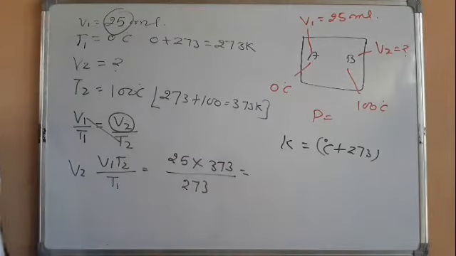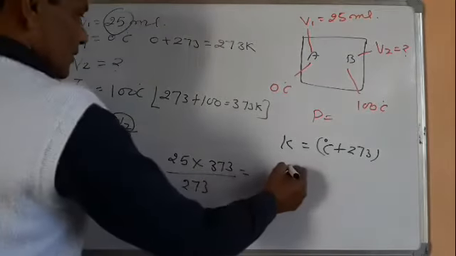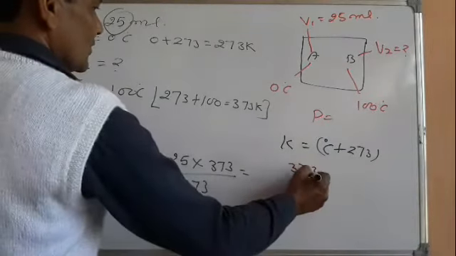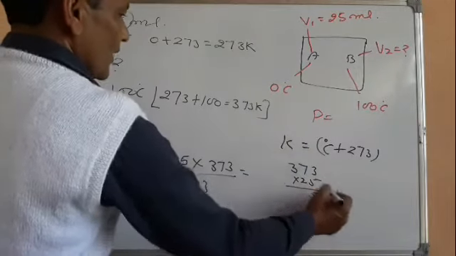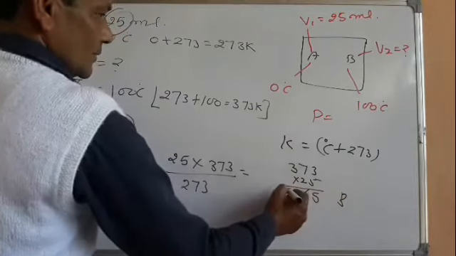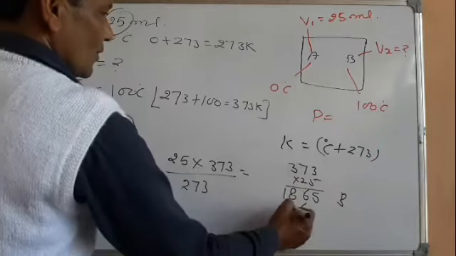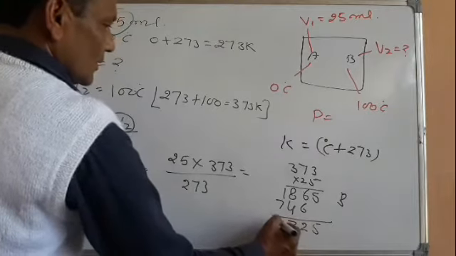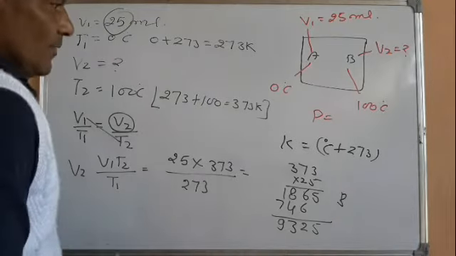So the calculation of this: 373 into 25 is 9325. So divide 9325 by 273.